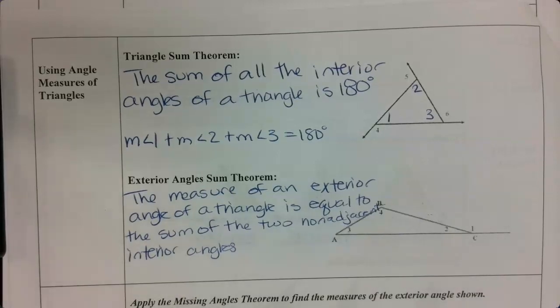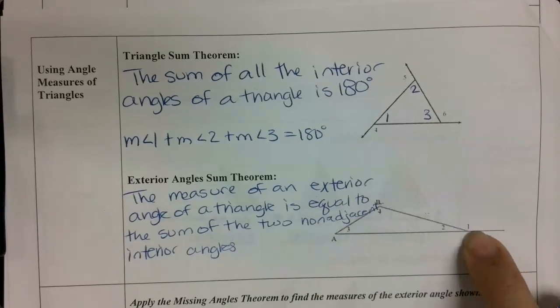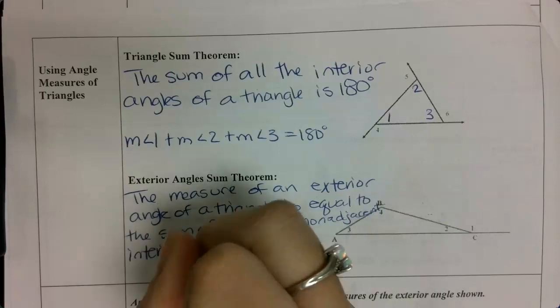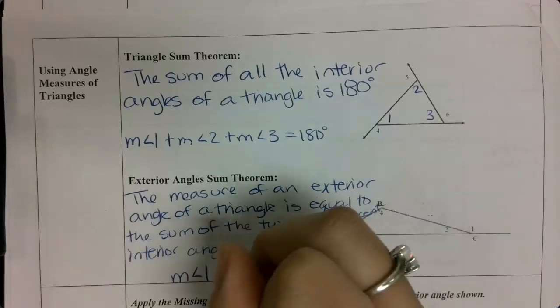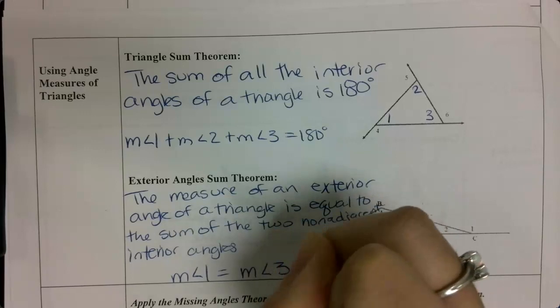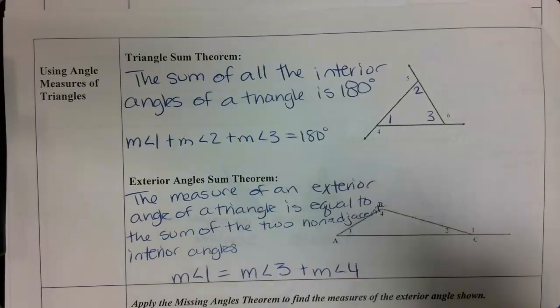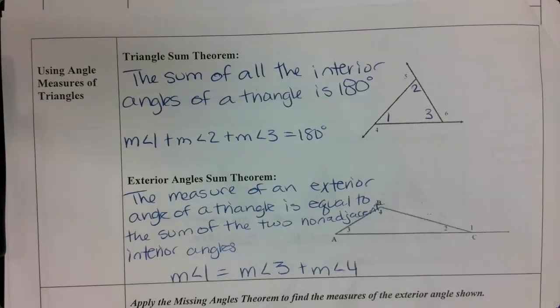Okay, so for this one, exterior means the angle on the outside. So the measure of angle 1 equals the measure of angles 3 and 4 added together, because those are the two angles that aren't touching 1.